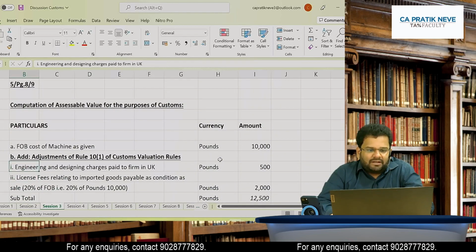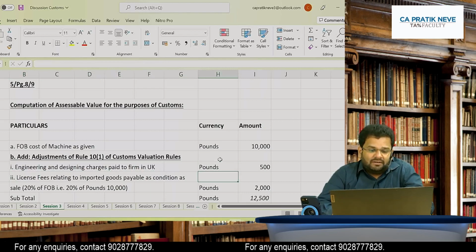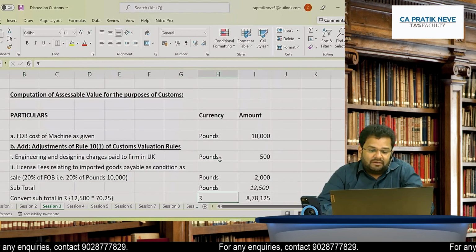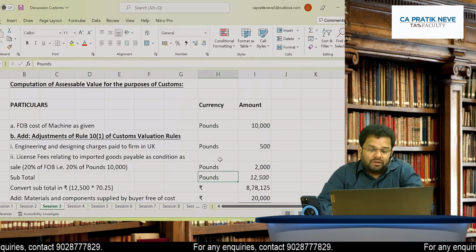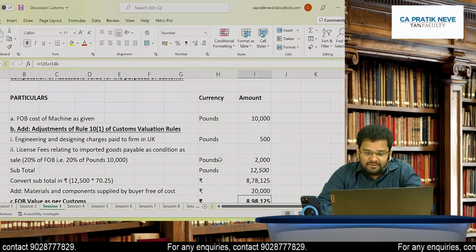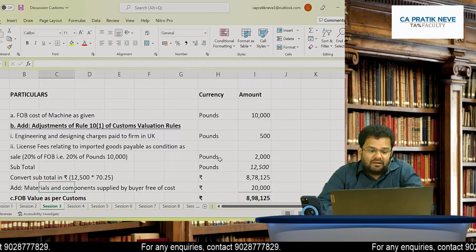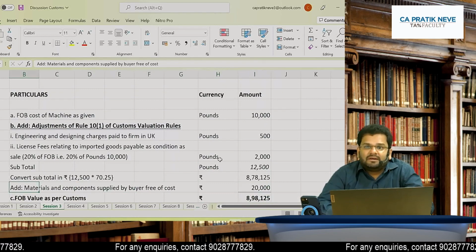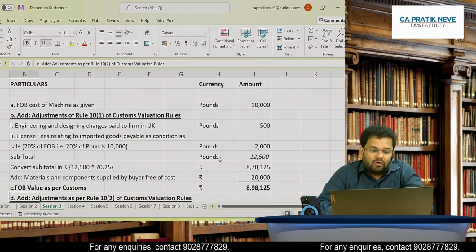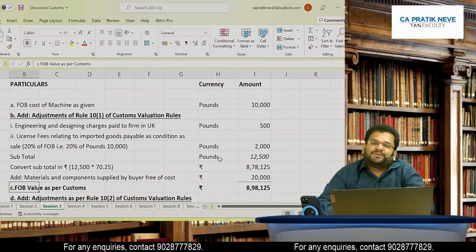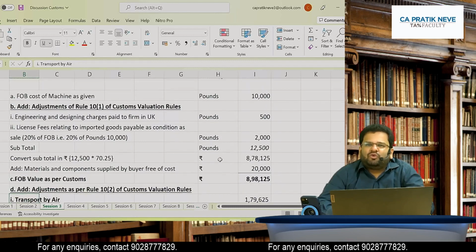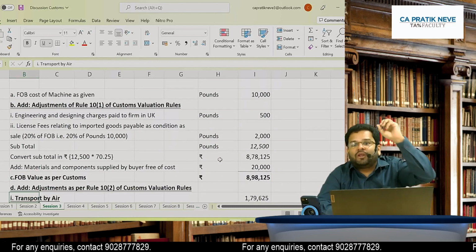Same thing we have done in the next question. Engineering designing charges we have taken. License fees we have taken. Got the subtotal, converted in rupees, and then took something which was in rupees, and all together got us FOB as per customs. तो FOB as per customs में सब कुछ लोड होना चाहिए.